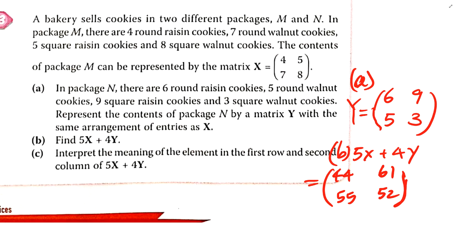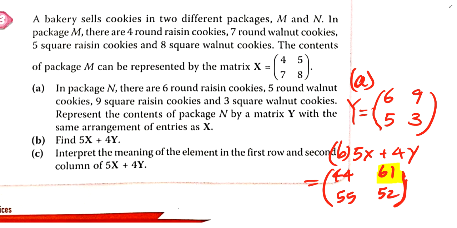For part B, is it correct? Okay. Then interpret the meaning of the element in the first row, second column. Where is my first row, second column? Okay, yeah, you're right, 61. So what does this mean? Interpret.